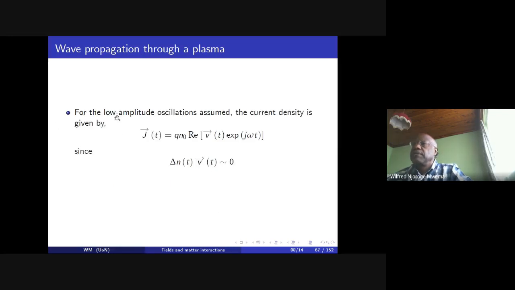So for the low amplitude oscillations assumed, the current density is going to be given by J of t equal to q n0 and the real part of the velocity. Since the delta n of t multiplied by v of t would be approximately 0, because we are talking about very small changes.